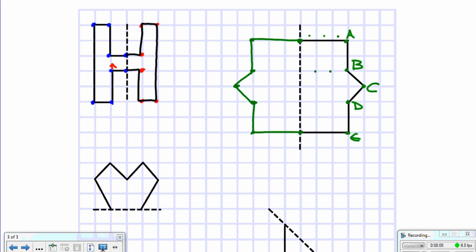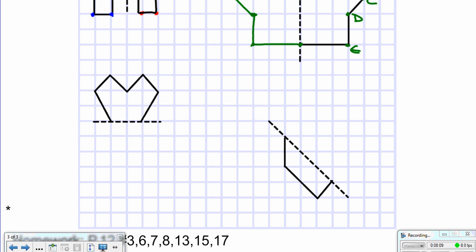Okay, last two examples. These ones have diagonal lines, so they can be a little bit trickier. So it's really important that you count properly, otherwise your diagonal lines are going to be off a little bit. So we look at point A. From this point on the line of reflection, it's 2 squares away. So from that same point on the line of reflection, I'm going to go down to make point A prime.